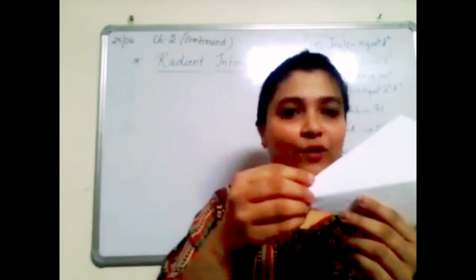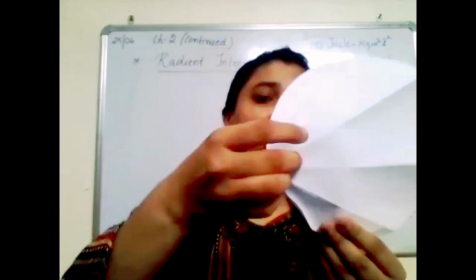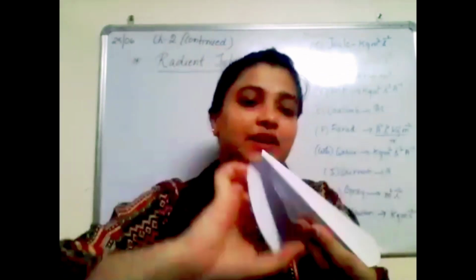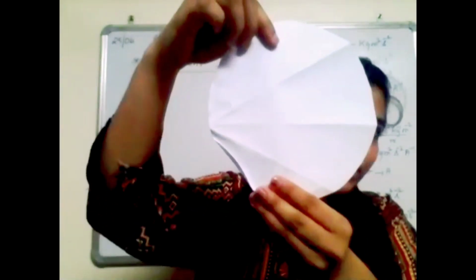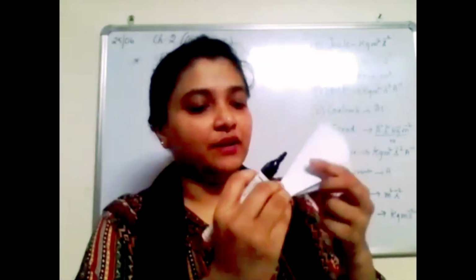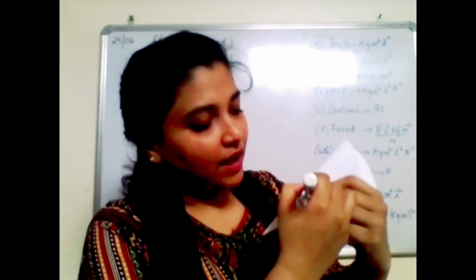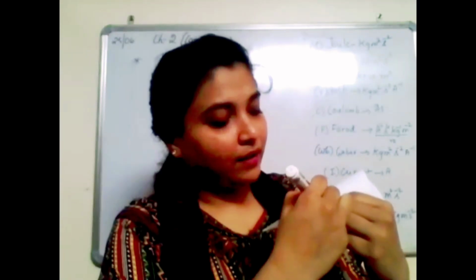If I open it, this is the angle formed. This is how the solid angle looks. If I write this angle as d theta, what is that solid angle? d omega.